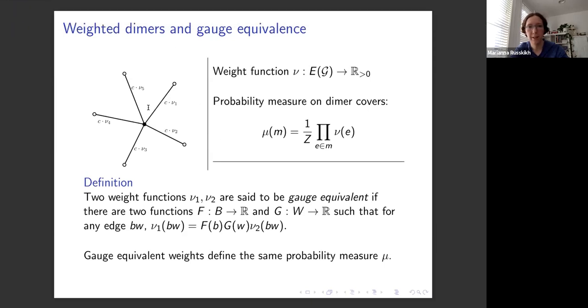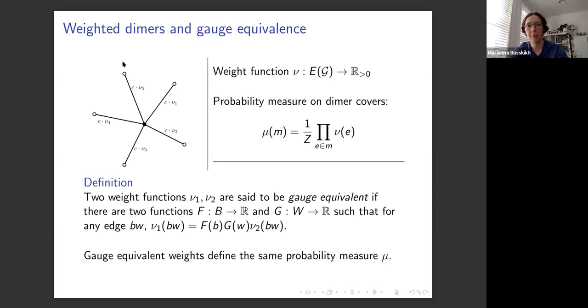Now, note that if we consider all edge weights around a single vertex, and we multiply them by some constant c, then the probability measure doesn't change, right? Because each dimer configuration should cover this vertex exactly once.